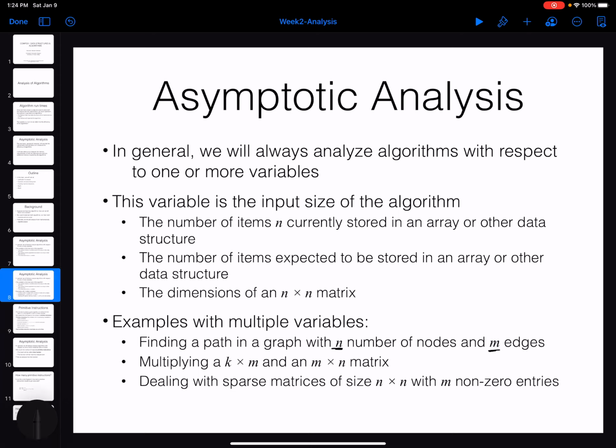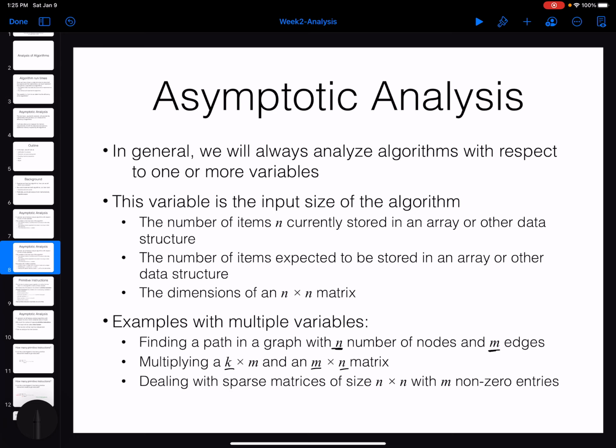Or, for example, if you are multiplying two matrices, one of dimension k by m and the other m by n, here you have three variables: m, n, and k. You should keep track of all of these variables. There are plenty of different examples.